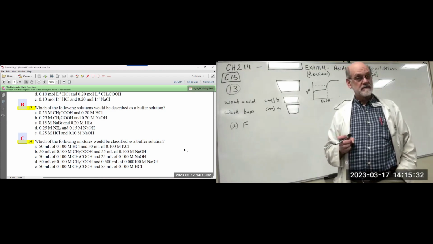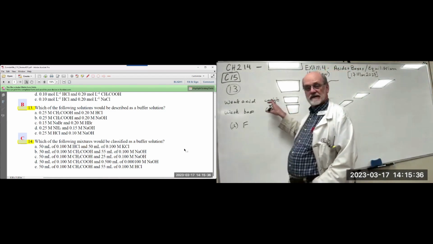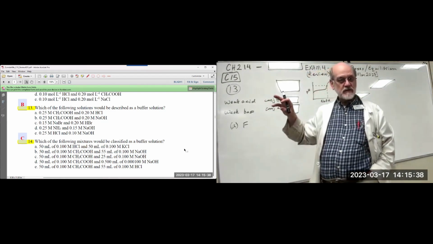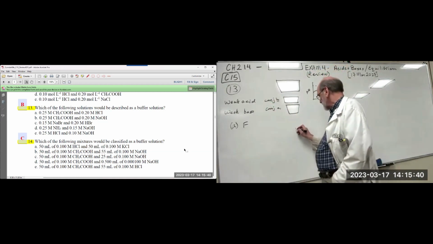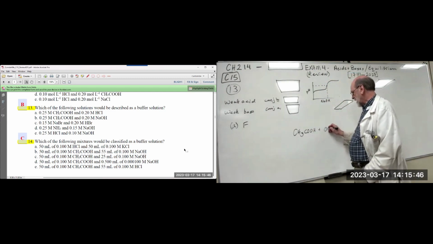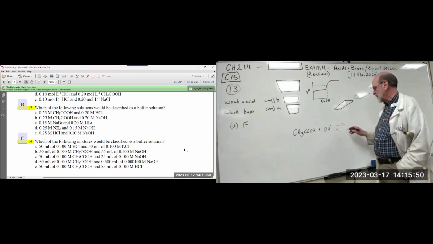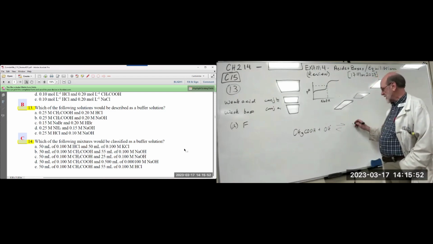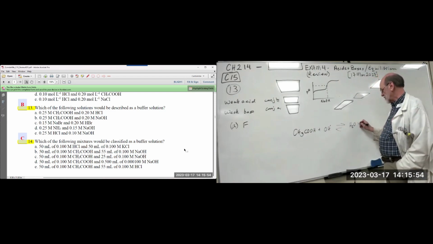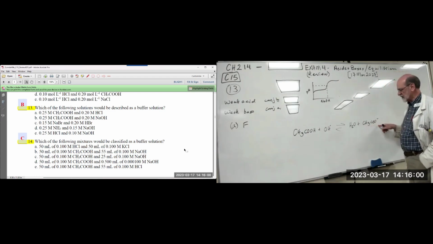That might be, right? You've got a weak acid and you added a base to it. And what does the base do? I'll write it the way they wrote it. It takes the hydroxyls from the sodium hydroxide, and it gives you water plus CH3COO minus. There's your conjugate base.